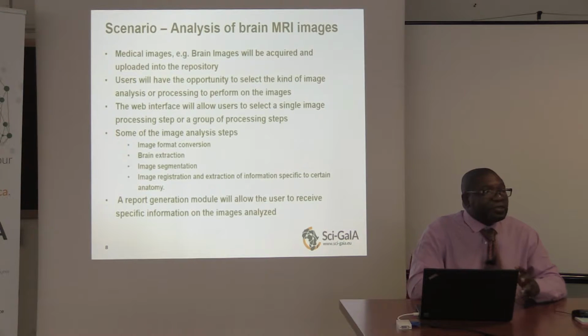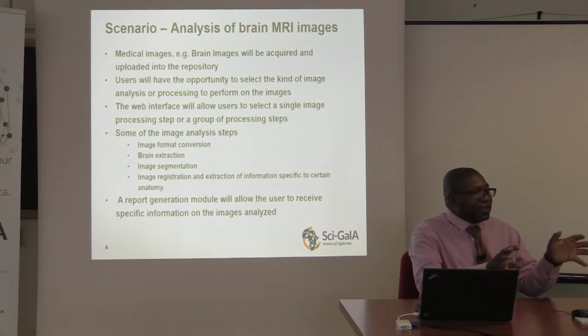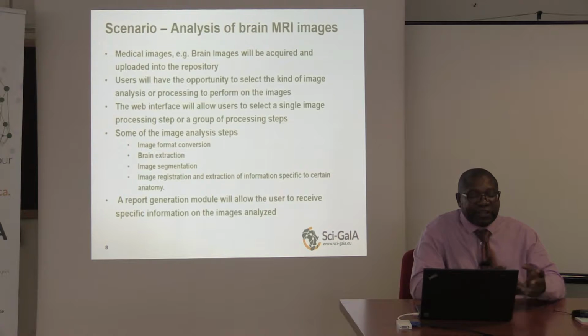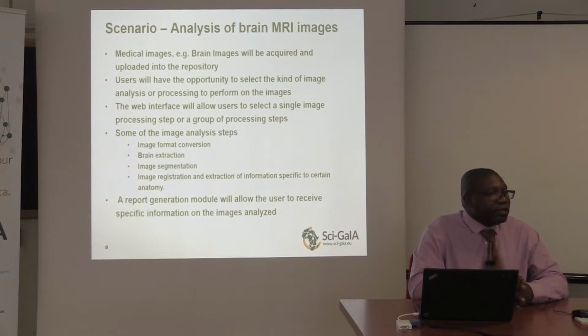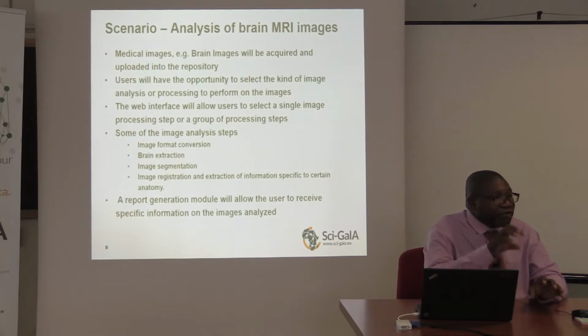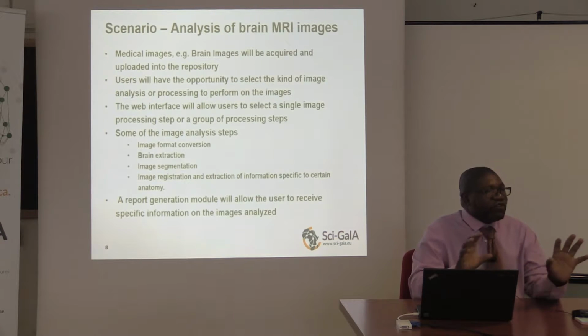And there might be need to remove what is not brain, so that you can focus on the brain and see all the different structures in the brain. So brain extraction could help to do that. Segmentation: typically when we analyze brain images, because we want to localize where problems are, we segment the images into the three tissue classes.